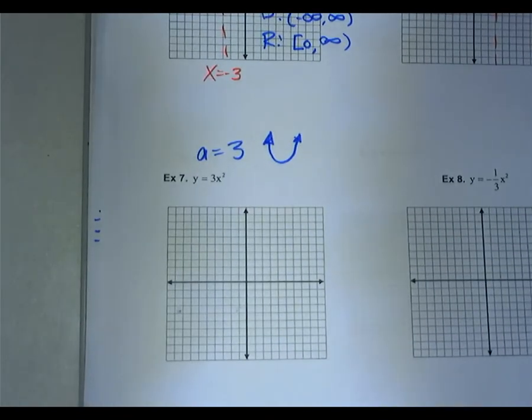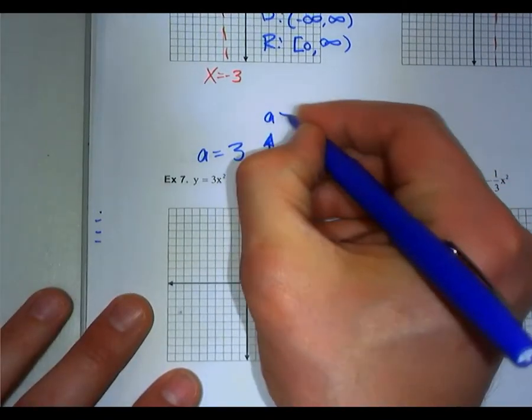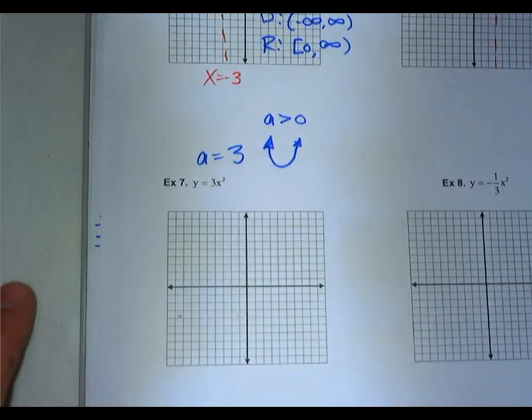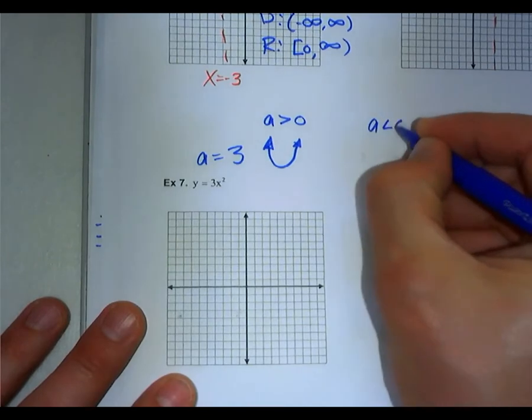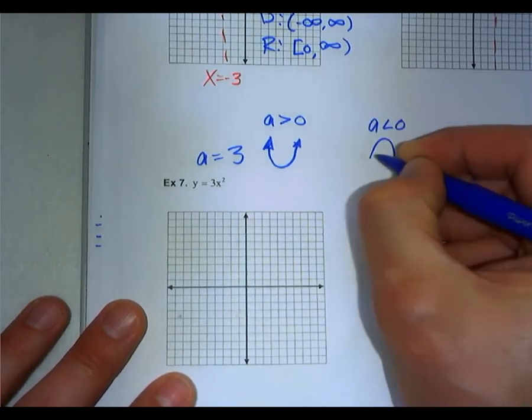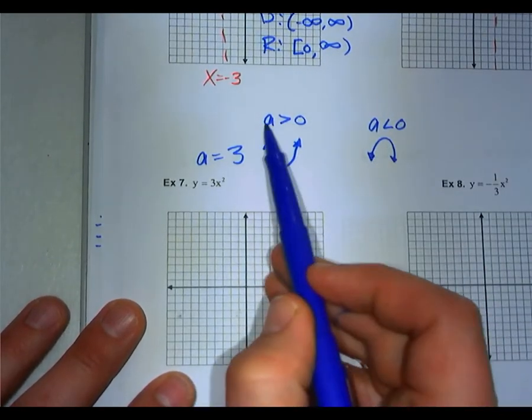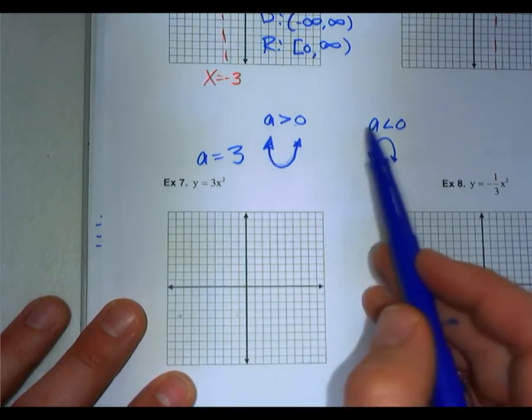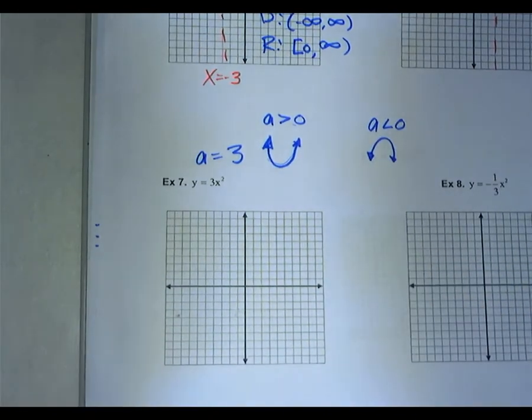Negative, frowny face. So again, if a is greater than 0, smiley face. If a is less than 0, we talked about that's a frowny face. Can you guys see the eyes, the nose, and the mouth? The inequality sign.